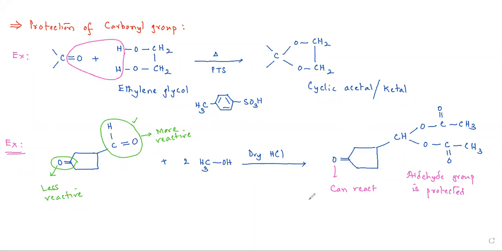Right. Because aldehyde is more reactive, it is being protected, and the keto group is made to react with the reagent. This is how the formation of acetal or ketol or the carbonyl group protection is done.